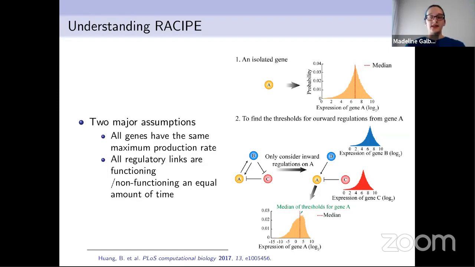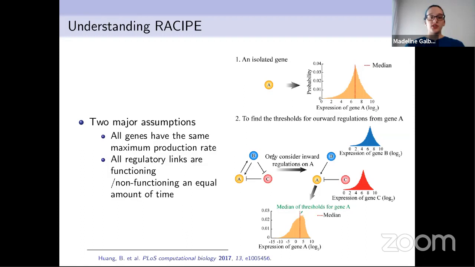And so what that means is if you have some sort of isolated gene, say A, if you apply the model where you have just production and degradation of A, you would have the expression of the gene come out to look like this. And then the median level would be the threshold of regulation, where you can see that about half of the gene expression is below the threshold and half is above the threshold.